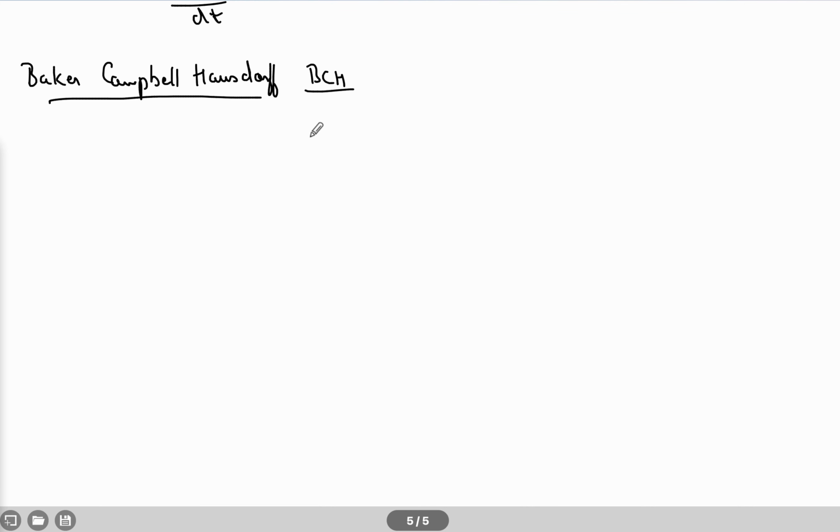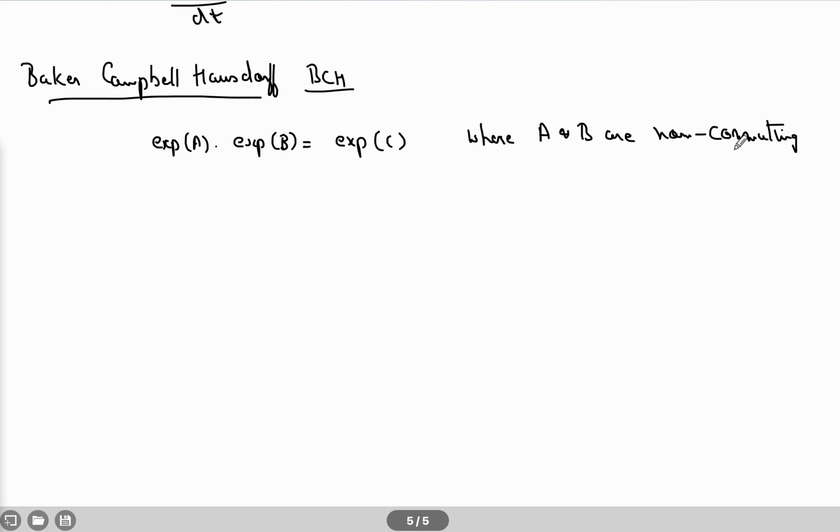The BCH formula originally states that if you have exponential of A into exponential of B equal to exponential of C, where A and B are non-commuting operators. These are not simply numbers. Here we are talking about operators, and they are non-commuting operators.